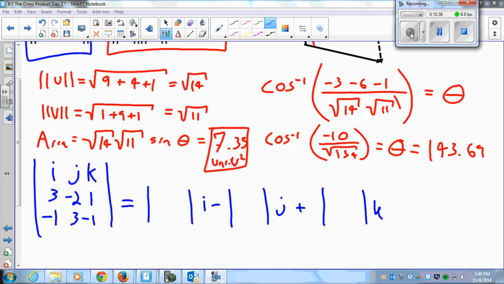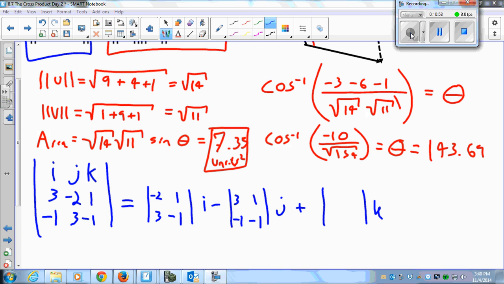So if I cover up my row and column for i, I get -2, 1, 3, -1. For j, I cover up my middle column and my top row, and I get 3, 1, -1, -1.